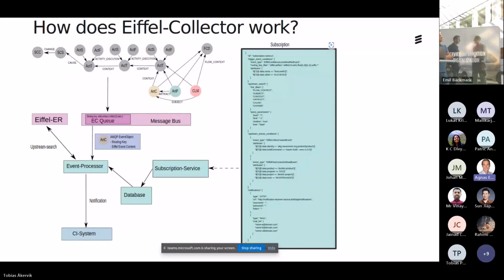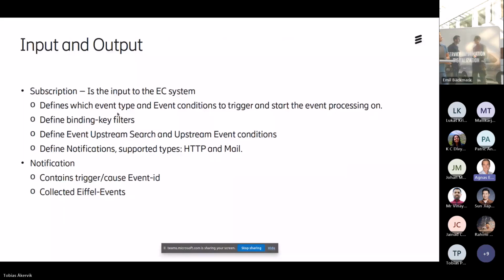Yeah, and it can also contain the event content. So the subscription service: what's input to the system from the user perspective is the subscription, where you define which event type and application you want to trigger and start an event processing on. You can also define binary key fields, it's optional.